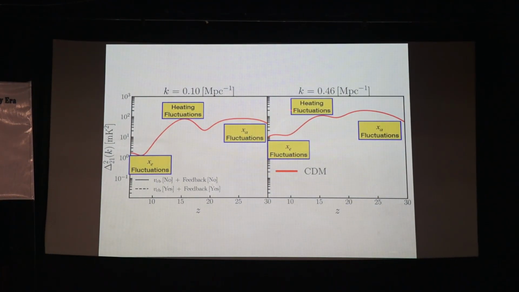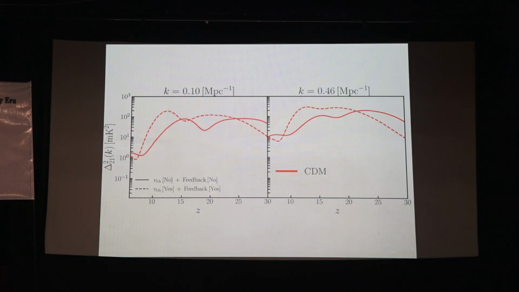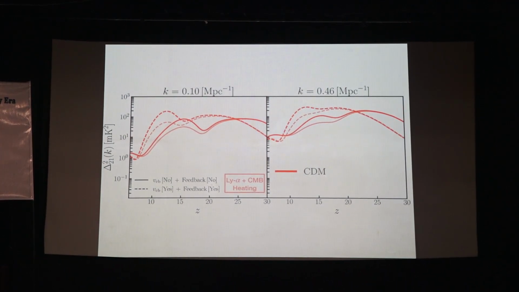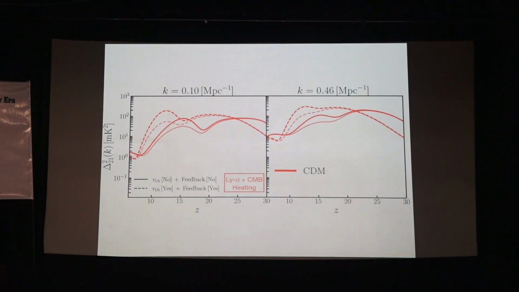This is without any feedback or VCB. If you introduce VCB and feedback, all these features are shifted towards low redshift. And if you apply heating, the amplitudes are damped, which is what heating does to the power spectrum.